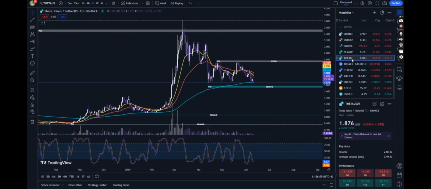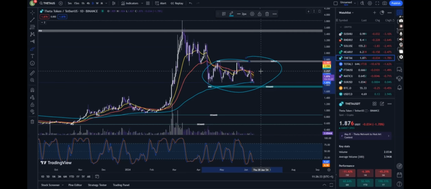Theta was another one. I actually put a trade in Theta and said that it's going to range for a while. It's going to go up and down like this for ages, which it has been doing. And it's starting to lose that 200.